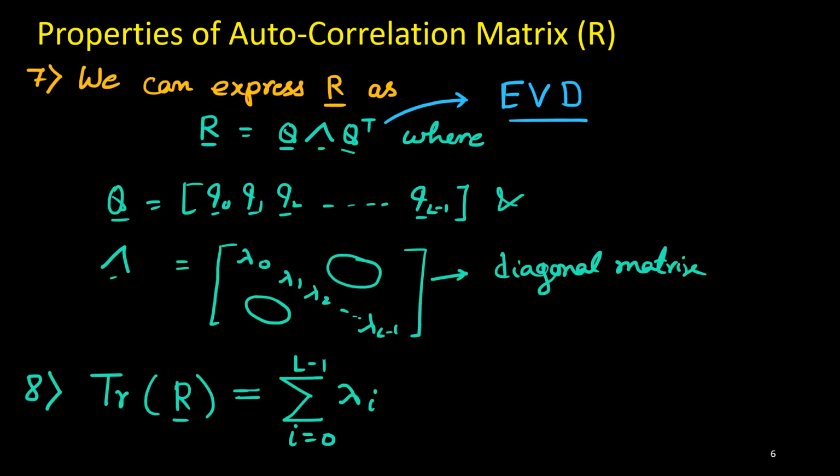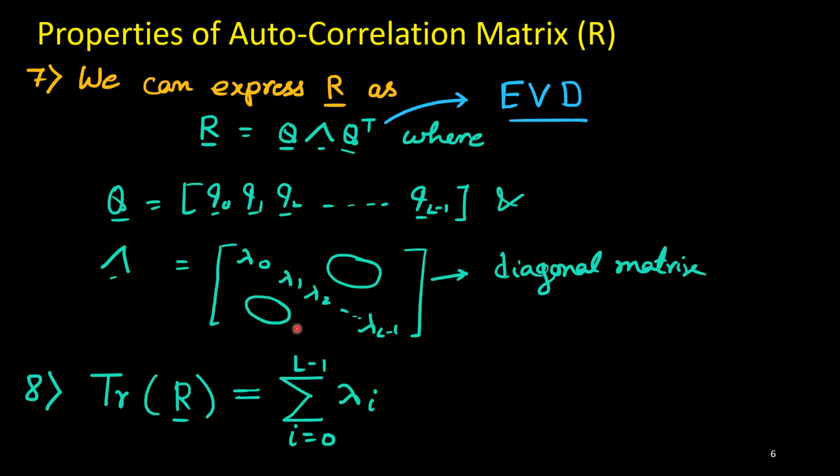And the seventh property, we have discussed that we can express capital R as Q times capital lambda times Q transpose, and this is called eigenvalue decomposition. And here you know that Q is the matrix containing all the eigenvectors in column-wise form, and capital lambda is the diagonal matrix containing all the eigenvalues in its diagonal elements.